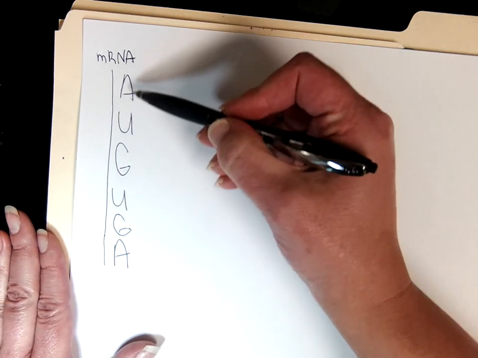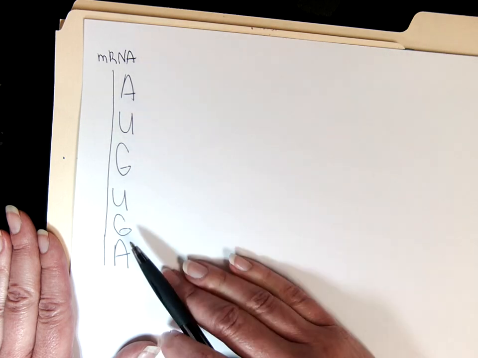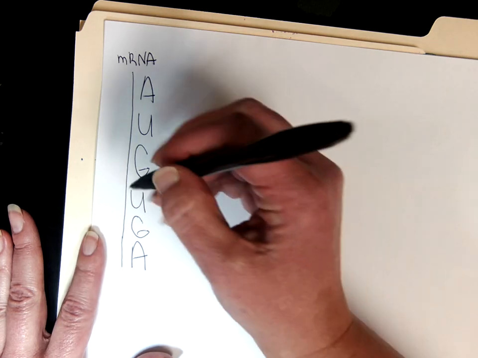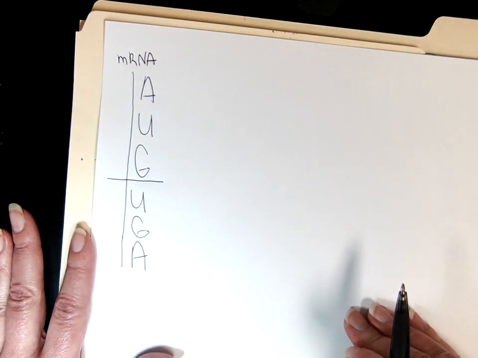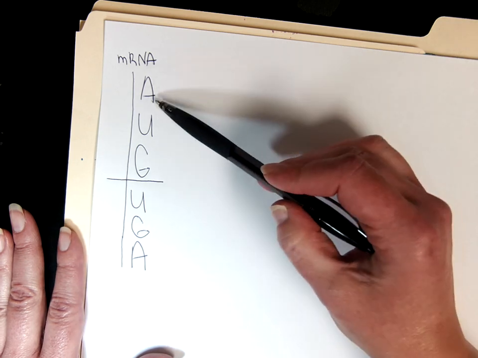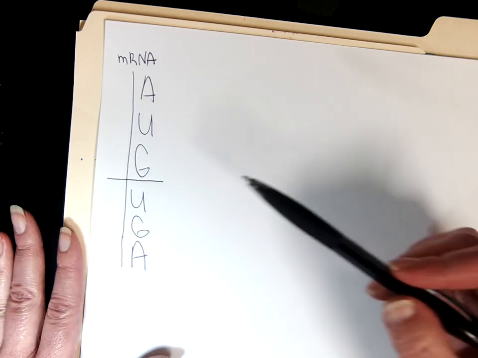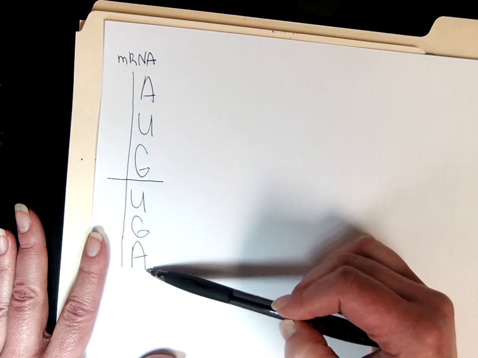Okay, so this is basically our genetic code that we're working with. So this is a genetic sentence, and when we're talking about a genetic sentence, we're talking about genetic code words. Each genetic code word is only made up of 3 nitrogen bases, or we could say 3 nucleotides, and they're consecutive, one right after the other.